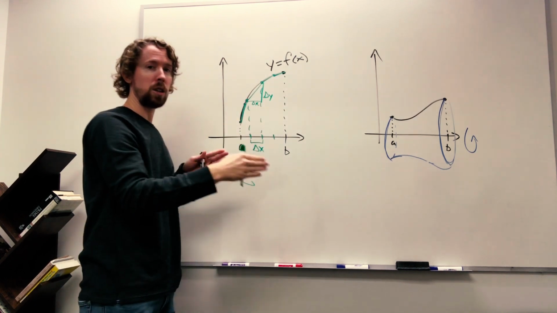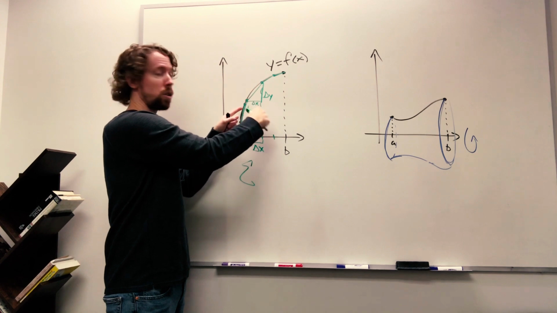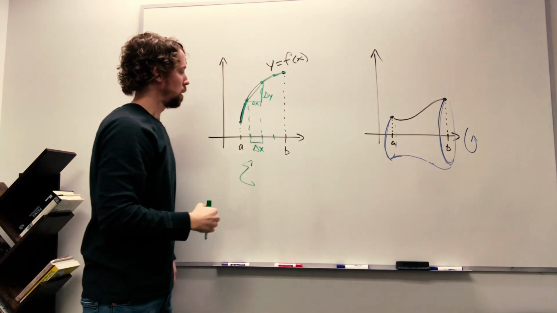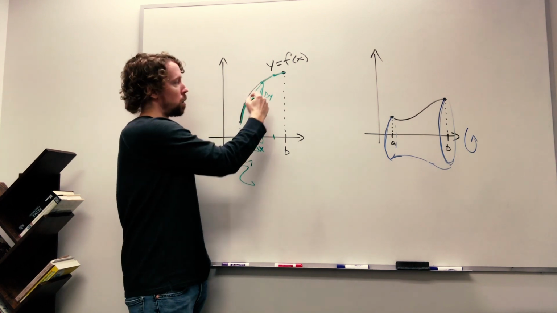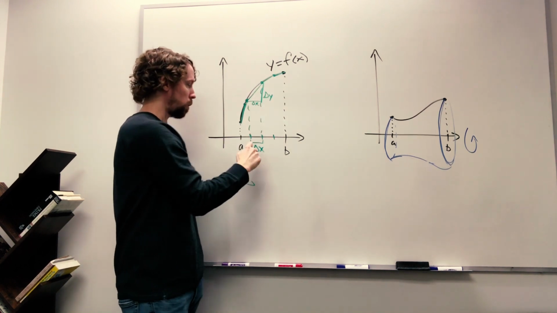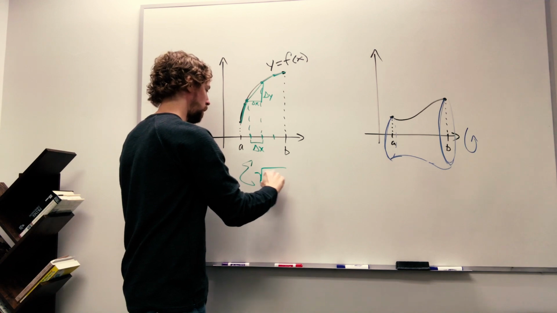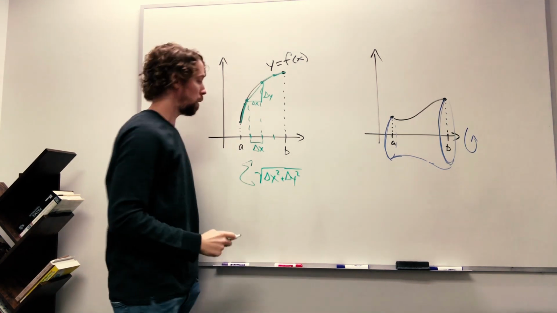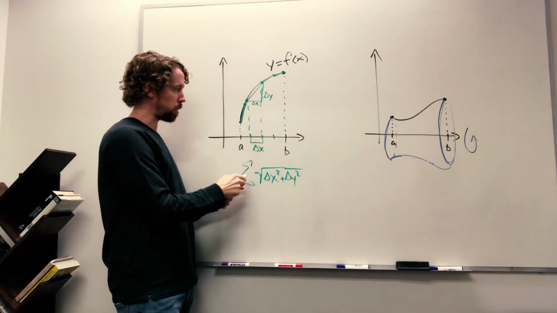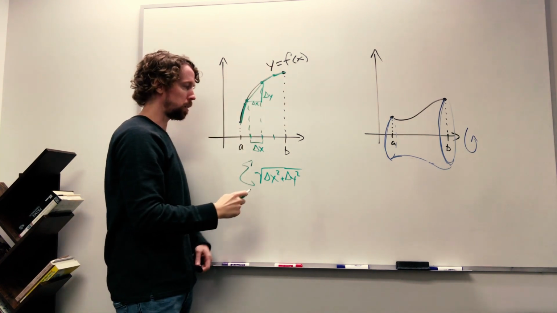So if you let x change a little bit in your function, there's a corresponding change in y. And then I'll just use the Pythagorean theorem right now to solve for that hypotenuse. So I get the square root of delta x squared plus delta y squared. That's the thing that gives me the approximation when I add up those pieces.